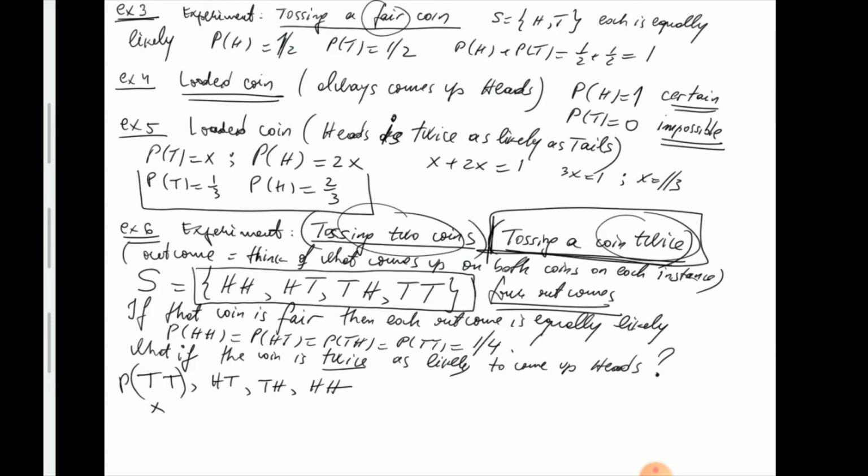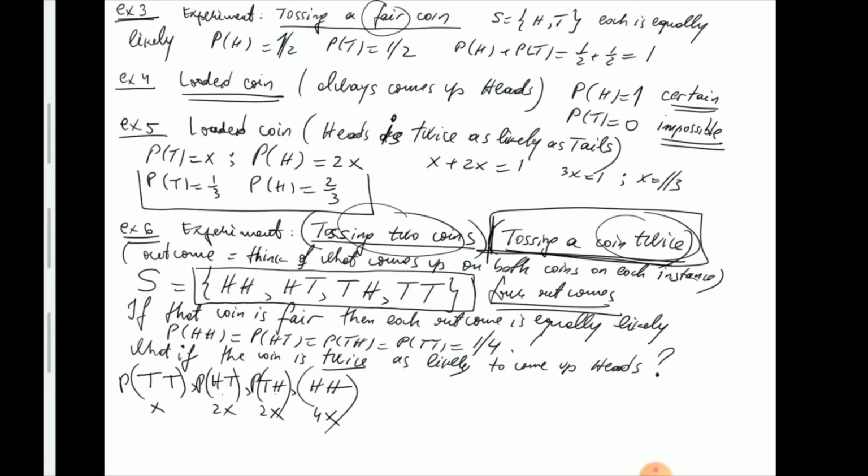Now, the second and the third are twice as likely, because one single coin is twice as likely to come up heads. And because each coin is twice as likely to come up heads, this one here is actually 4 times as likely to come up.